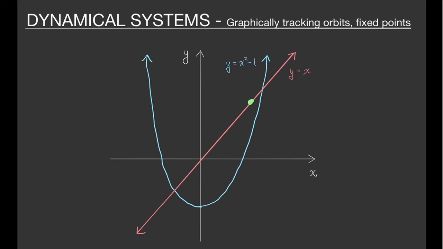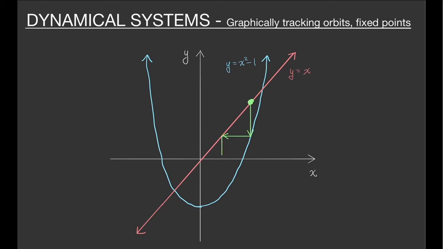Suppose we start at this point. We substitute this value into the equation, which graphically amounts to moving until we hit the function line. Then from there, we reset ourselves back to the identity line, and then continue this process, and maybe you can see what's going to happen.